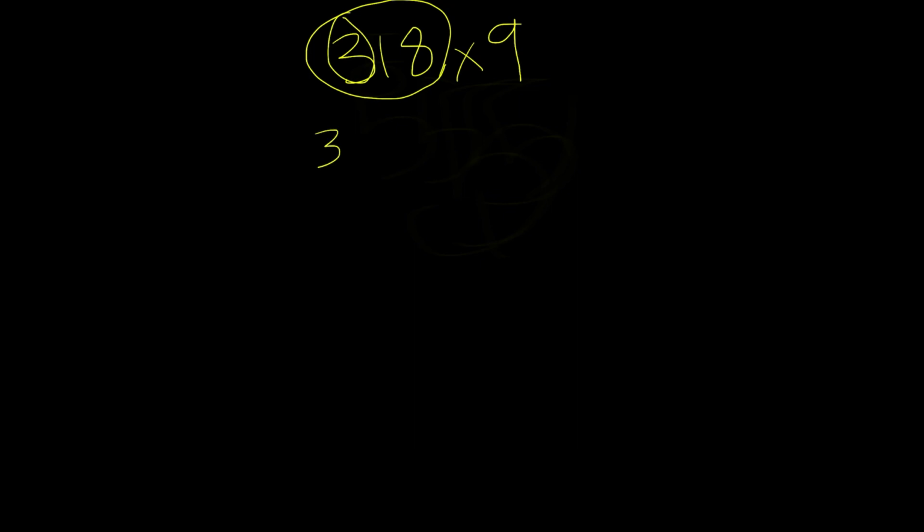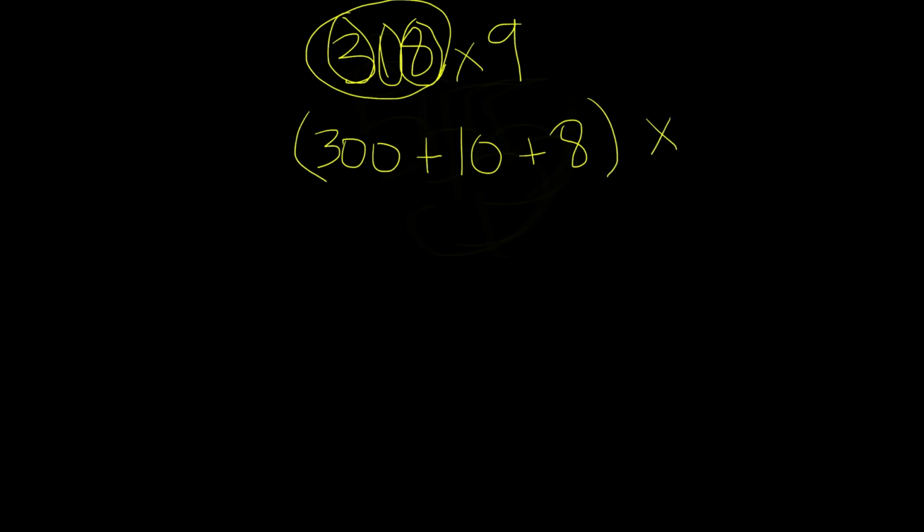This 3 is 300 because there are 2 numbers after the 3. And now we add this with, this 1 is essentially a 10 because there's 1 number after it, plus we have our single digit number 8. So this is how we break up 318. And now we multiply this with just 9.